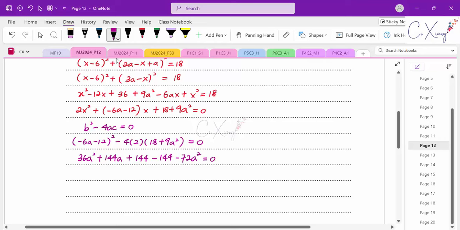Okay, then if I simplify this equation, I'll be having negative 36a squared plus 144a. I further factorize out the negative 36a, then I will have a minus 4 equals to 0. And therefore, a has two values here, where a equals to 0 and also a equals to 4.